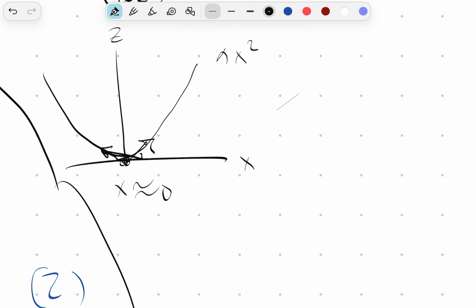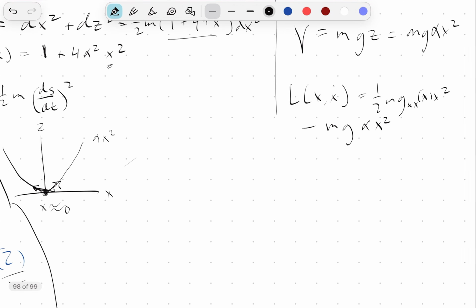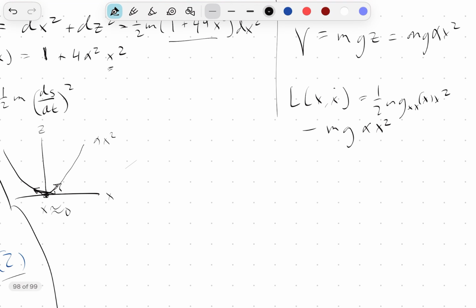And so as you get really close to 0, there's really no parabolic curvature happening. And so what's nice about that is the Lagrangian would become approximately, at x approximately 0, 1/2 m x dot squared minus 1/2 mg alpha x squared.